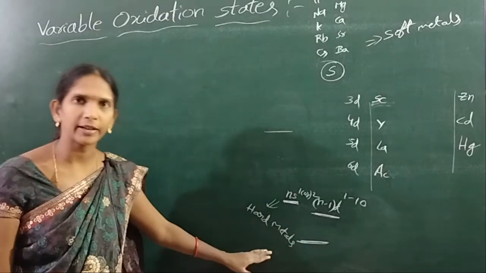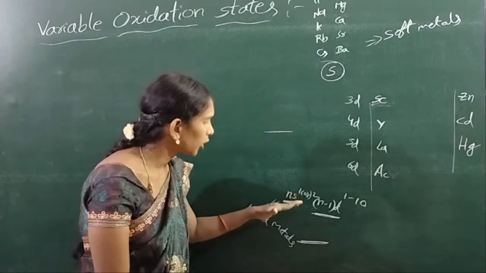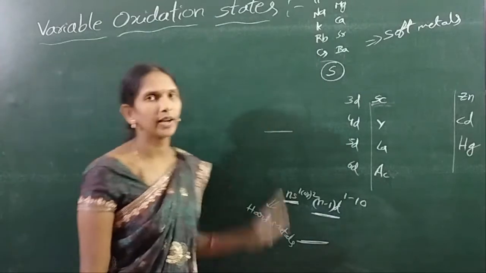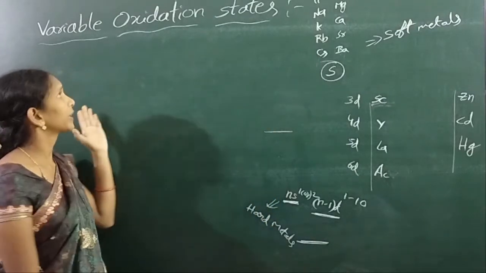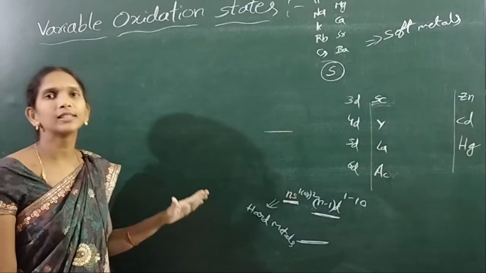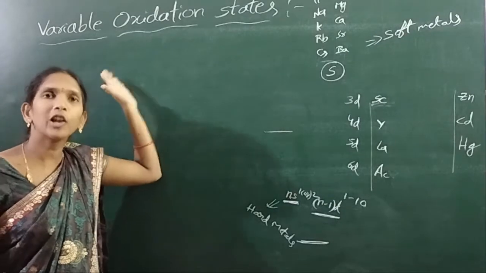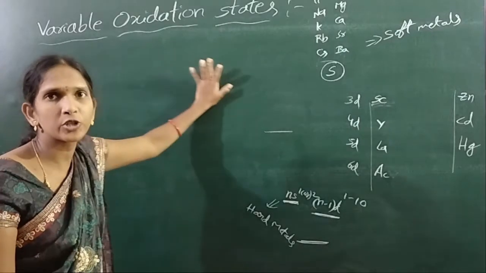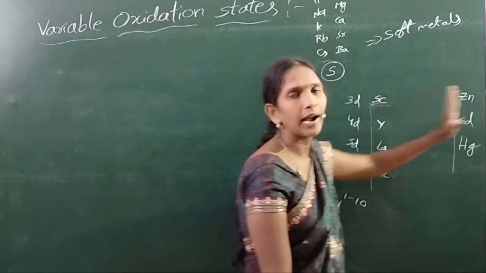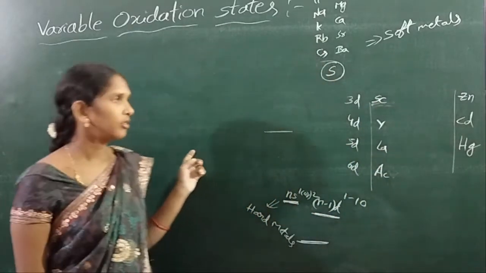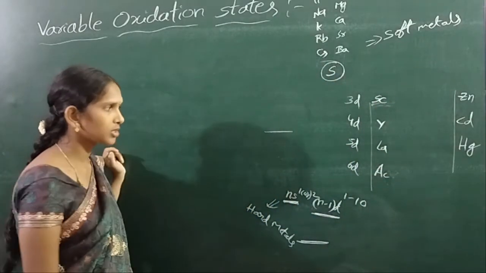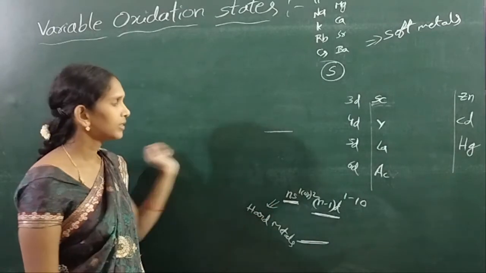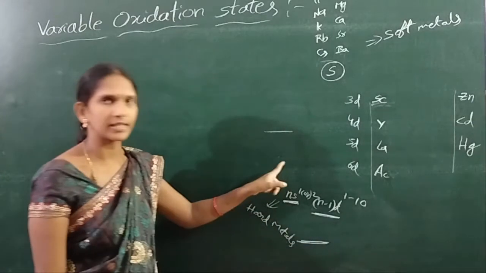Why are these hard metals? In bond formation, both ns and n minus 1 d orbitals are involved. This is the basic point. D block elements can have variable oxidation states except first and last group elements, because in D block elements, the general electronic configuration is this.